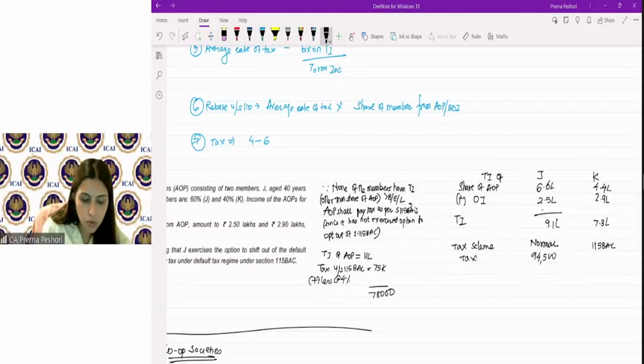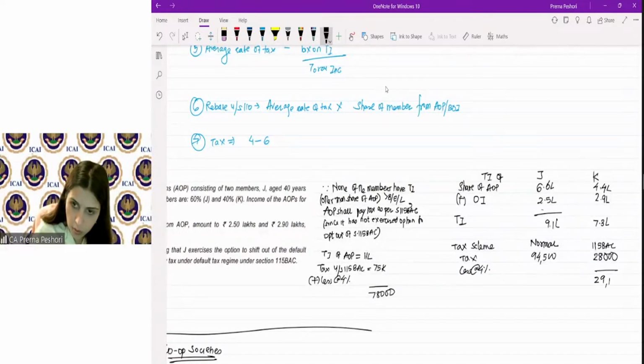So this comes to 28,000. Then cess at the rate of 4%, 29,120. This is 98,280, right?